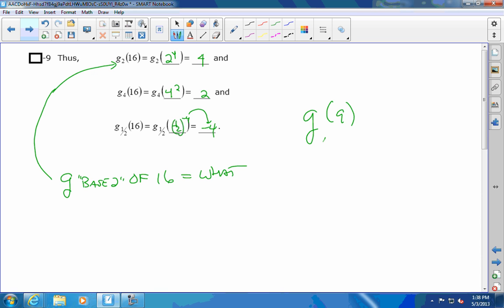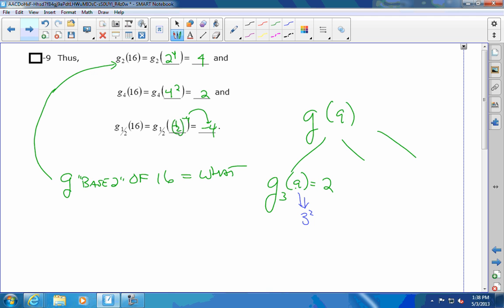Now that we have this subscript notation, there's a couple of ways we could write this. We could write this as G base 3 of 9, and that would be 2, because I would replace the 9 with a 3 to the 2nd power, okay?